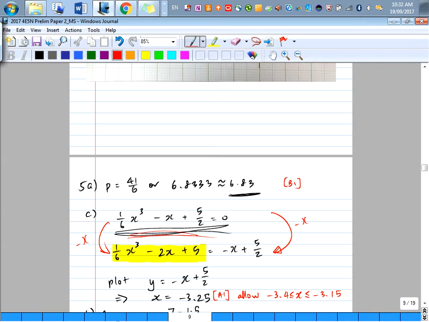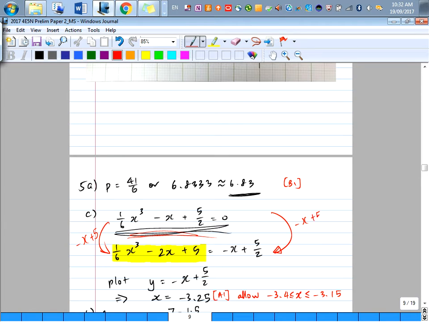Once I do that, I have 1 over 6 x cubed minus 2x. Then on the other side, 0 minus x, I get negative x. So now it is starting to look like what we have already plotted. We have the 1 over 6 x cubed term, we have the minus 2x term. The next part is that we need to plus 5.